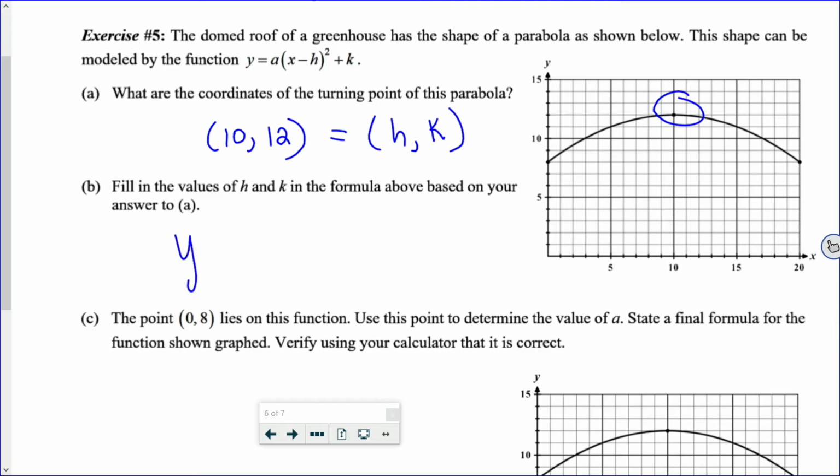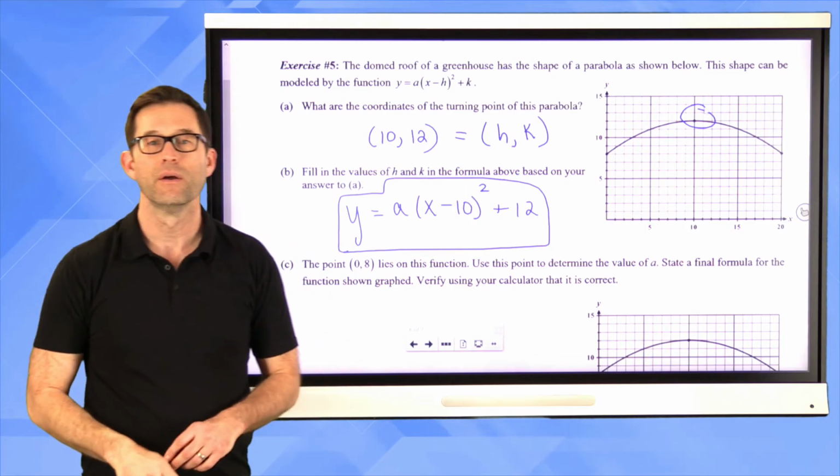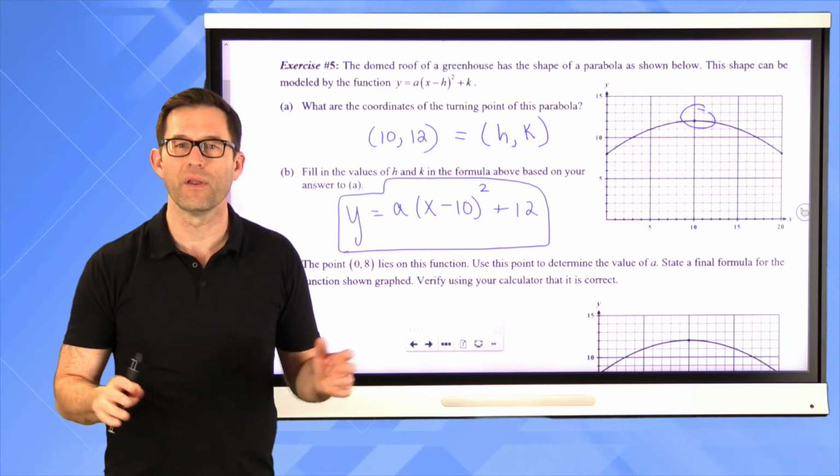So now I can just write this down. Y equals a times x minus 10 quantity squared, don't forget the squaring, plus 12. If you don't have the squaring there, then this is no longer a quadratic function, but only a linear function, right? So there you go, y equals a times x minus 10 squared plus 12, right?